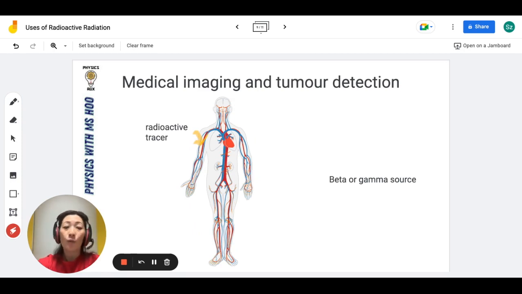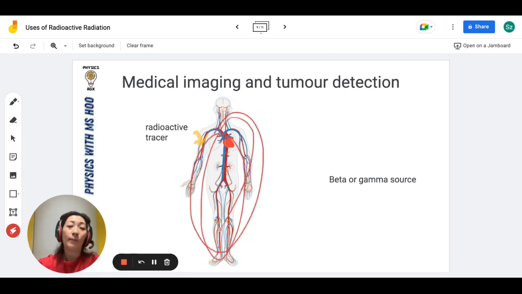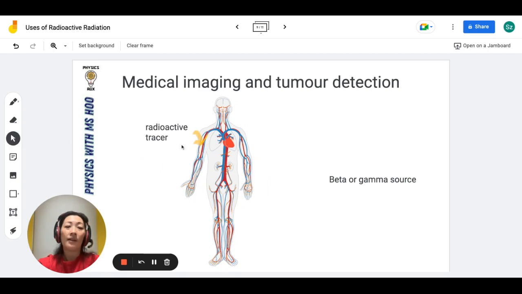So obviously, we don't want the radioactivity level to remain high in the patient's body. So is it okay to use radioactive material? Yes, as long as it has a short half-life. Long enough for us to run an imaging scan, short enough that after a few days, the radioactivity level will drop to a safe level so that the patient is no longer radioactive.